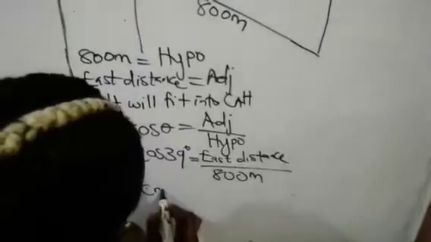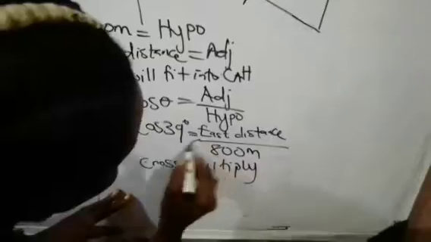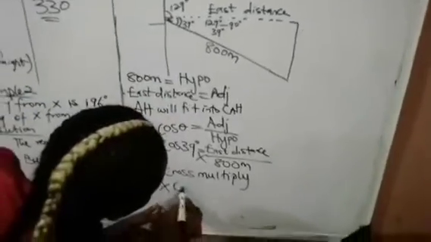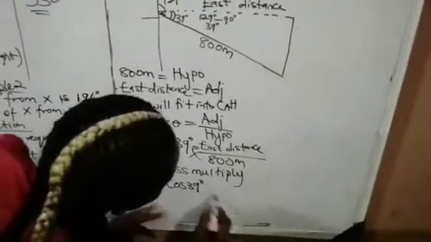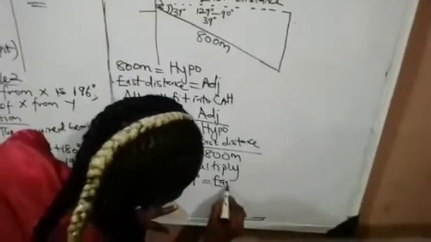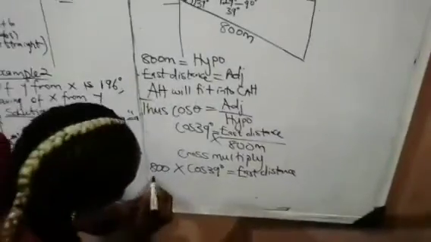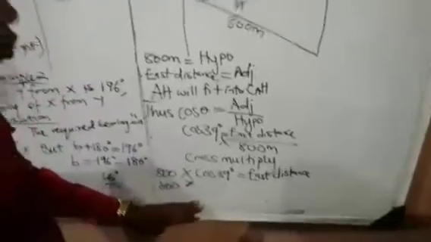The next thing, we cross multiply. We have 800 times cos 39 degrees equals our east distance. For cos 39, when you go to your mathematics textbook at the back, you go to sines of angles, not radians.